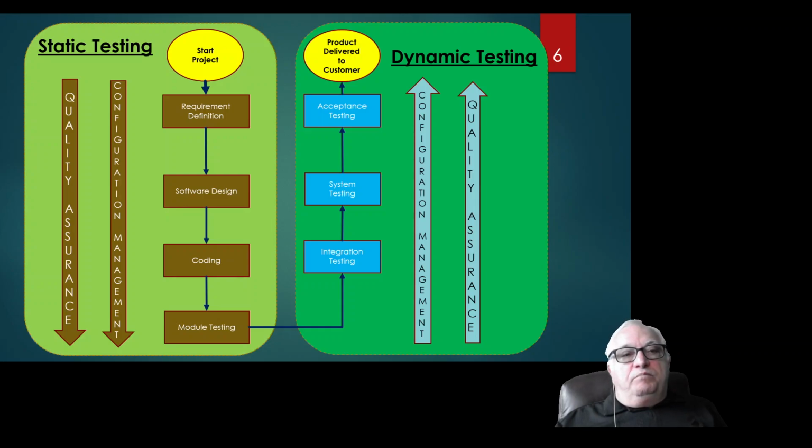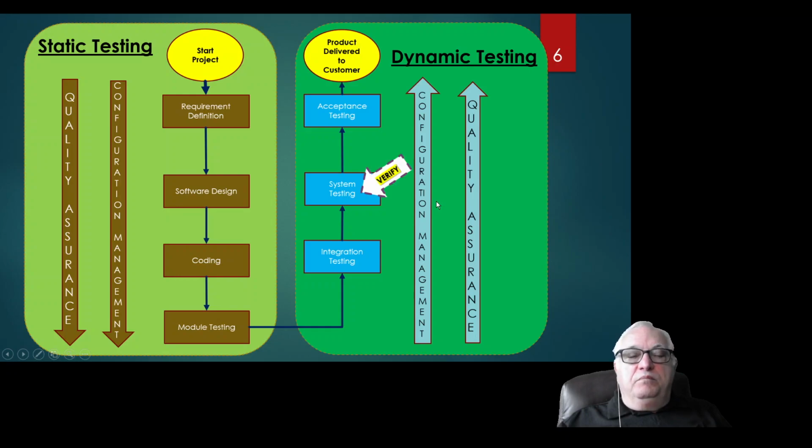The purpose of this chart was to show you the universe of static testing and the universe of dynamic testing. Of course, I already talked about the life cycle. So wherever these portions fit in the life cycle, that's where you're always going to have your static testing and your dynamic testing.